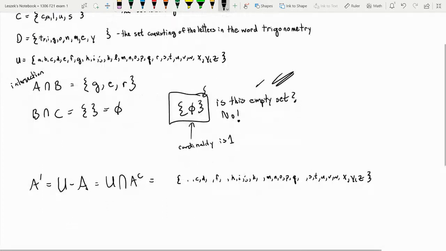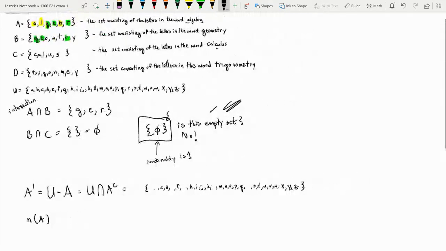In terms of counting, the number of elements in set A is, I believe, 6, and I believe there's 26 letters in the English alphabet. We are talking about a complement. The prime indicates complement. Oh, I see. Yeah, I apologize.